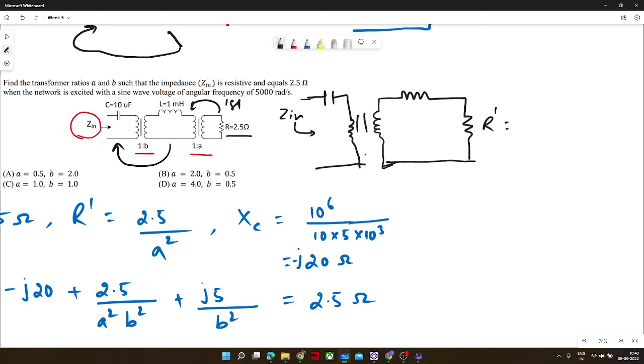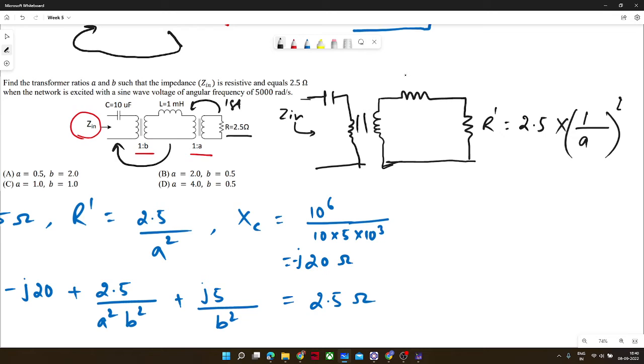Just now I said I will do the transfer. So 2.5 into some turns ratio squared, 1 by A square. Correct, thanks. So we are going towards 1 from A, so that would be the ratio.